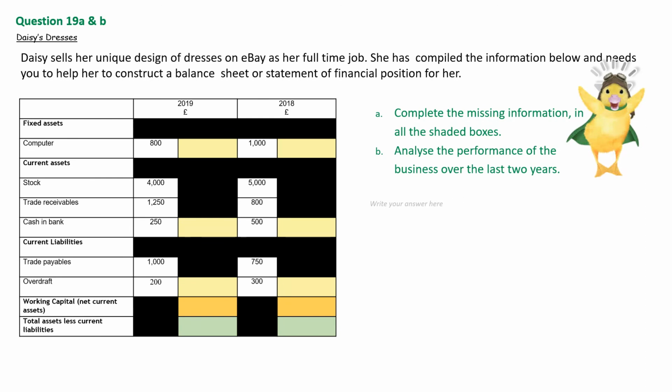If you think she's doing better, make some comment in the assets, whether the assets are more than liabilities, and if you think she's doing worse, then make the comment about the liabilities over the assets. It's up to you to have a go. And finally, don't forget to look at the working capital, the net current assets. That's a big point into how well a business is doing.